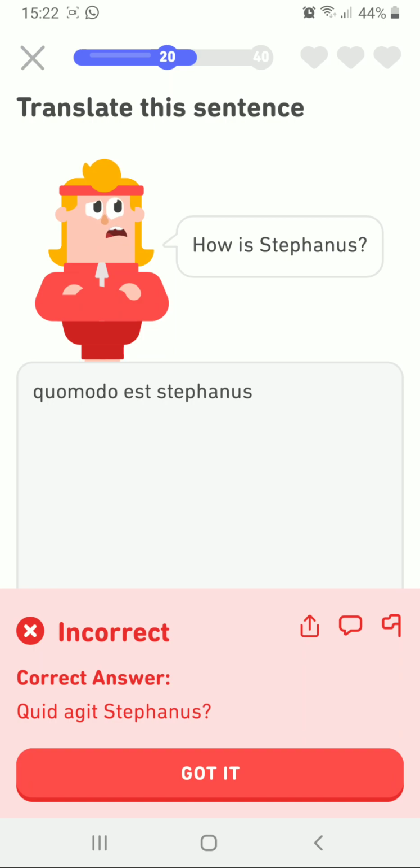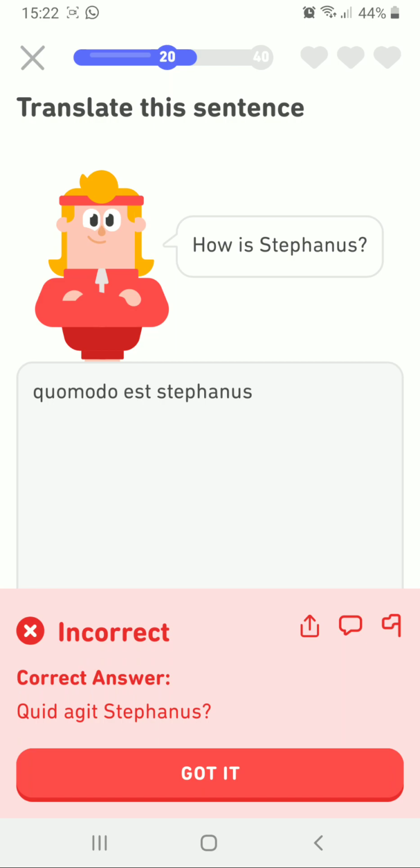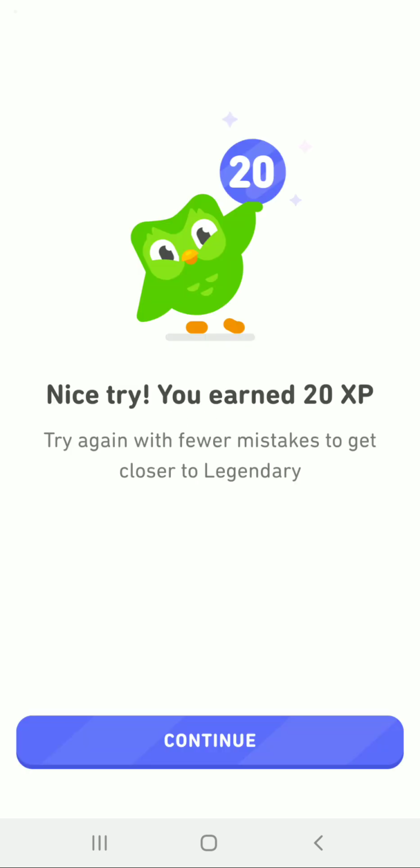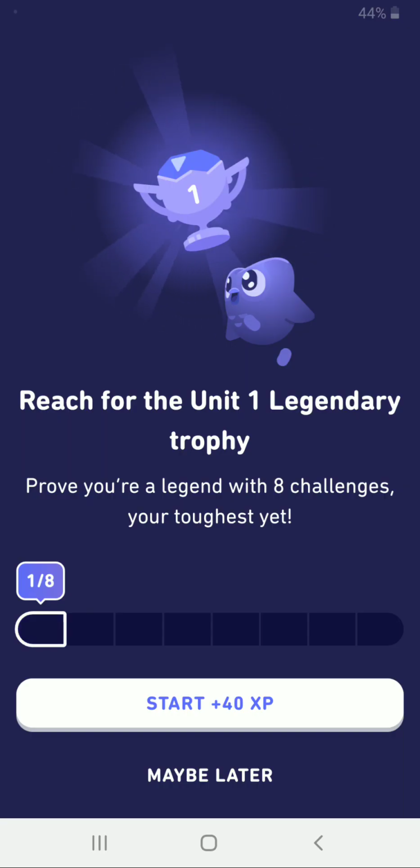Quid agit Stephanos. Well, it seems that I failed here. I failed the test. But you see that there are a lot of different things. Okay, so I made 3 mistakes and it was over.